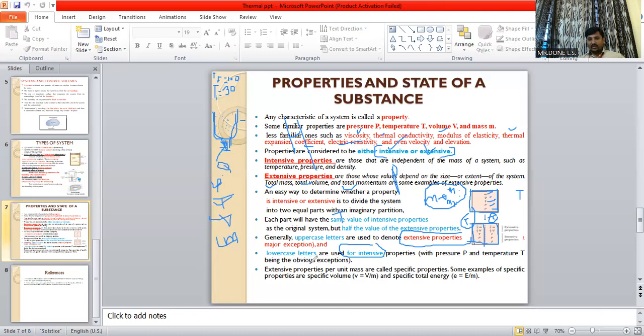There are some exceptions for the lowercase rule: pressure and temperature are generally written as capital P and T. And among extensive properties there are also exceptions for the uppercase.